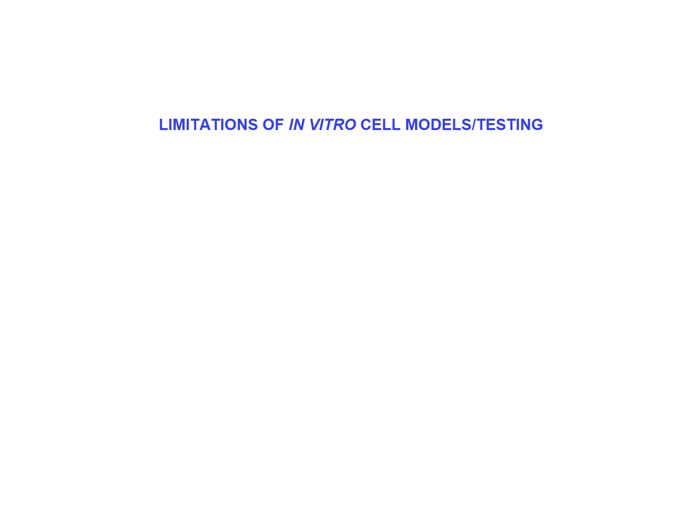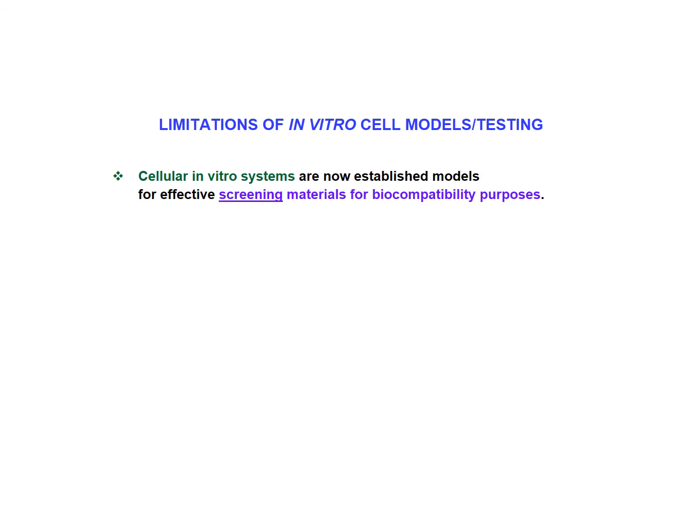The current status regarding culture cell models is the following. These in vitro systems are recognized as very effective screening methods for many types and many specimens of materials considered for implantation.